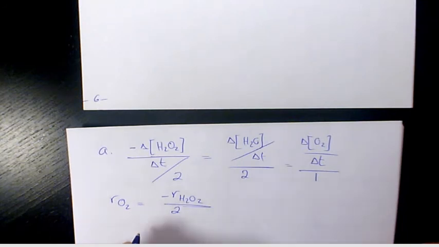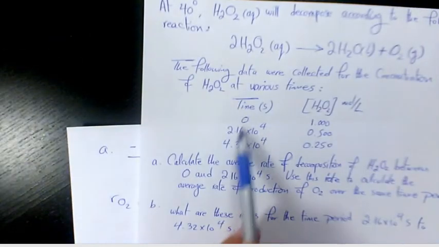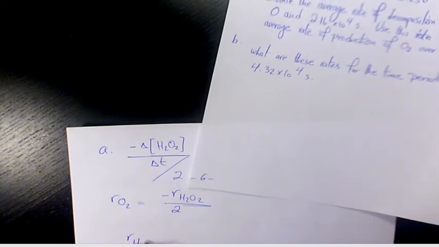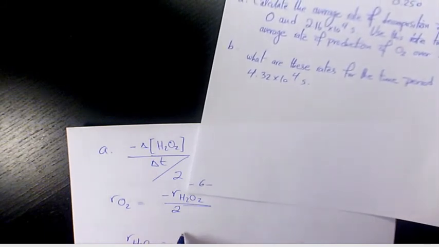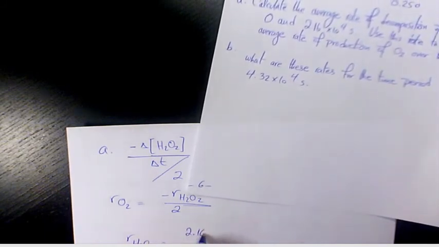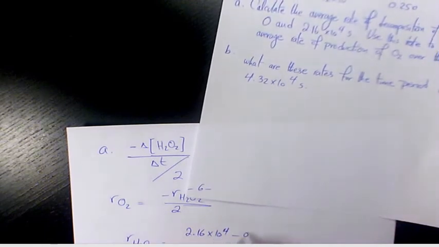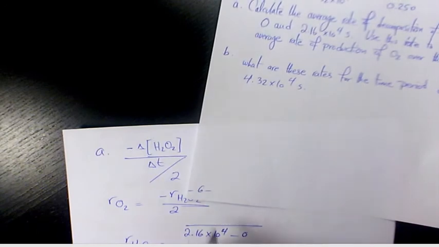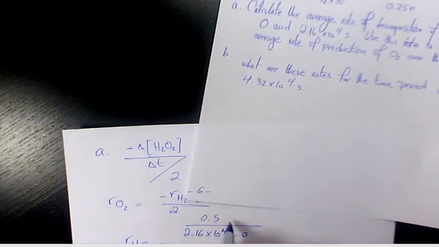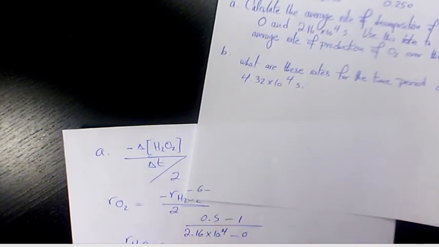So what we can do here, we can say the rate of change of H2O2 from 0 to 2.16, I can say R of H2O2 will be 2.16 times 10 to the power of 4 minus 0. That's going to be the denominator, and concentration is changing from 1 to half.